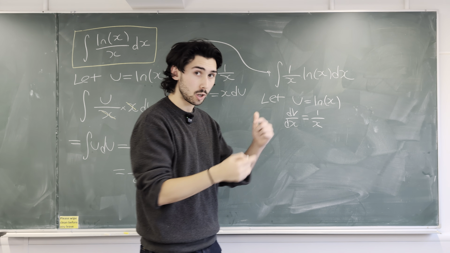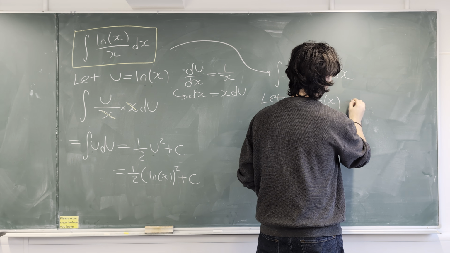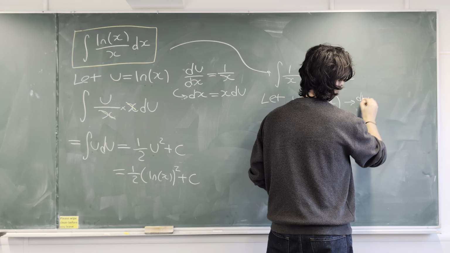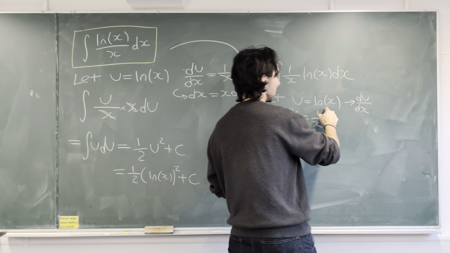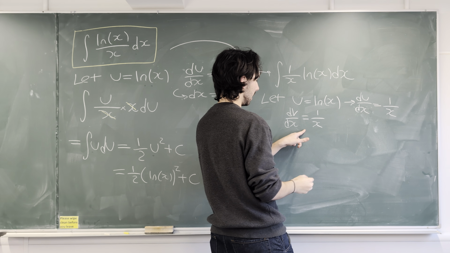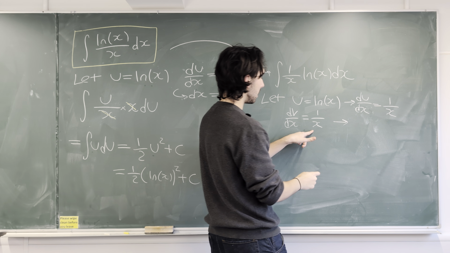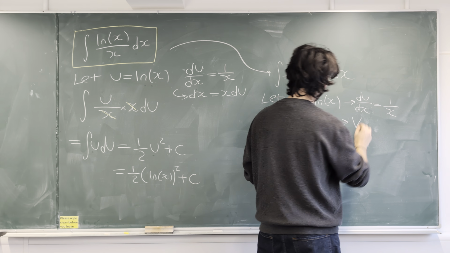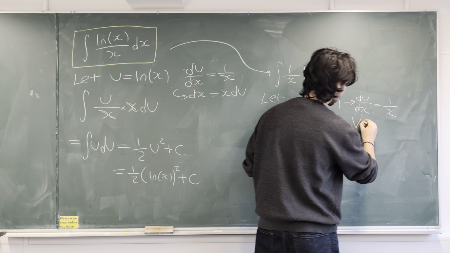Most logical, right? Also, order of priority for you, logarithms come first. So it means that du/dx would be the derivative of the natural log of x, which is once again 1 over x, and v would be the natural log of x.